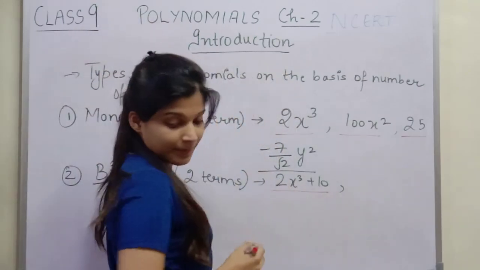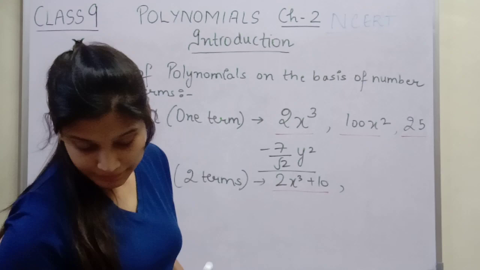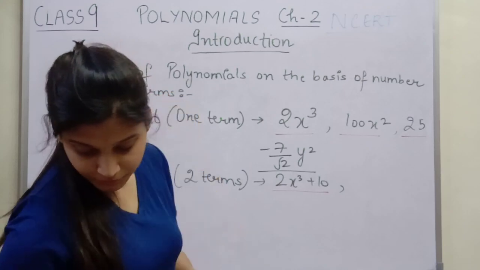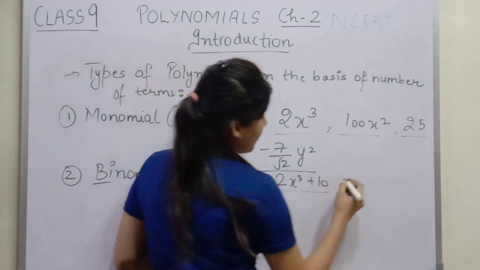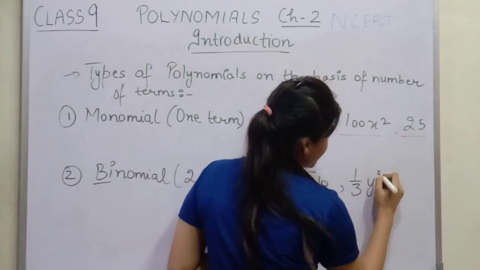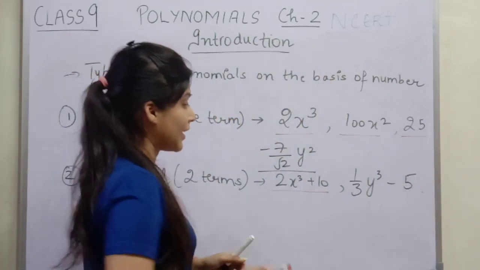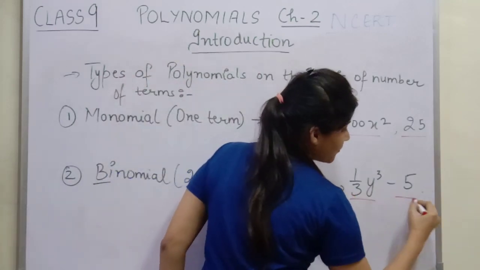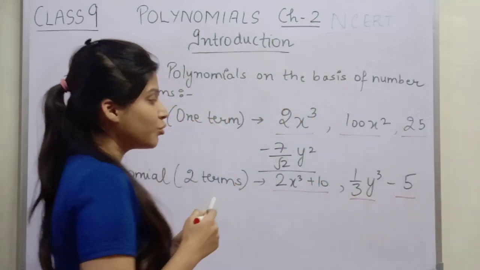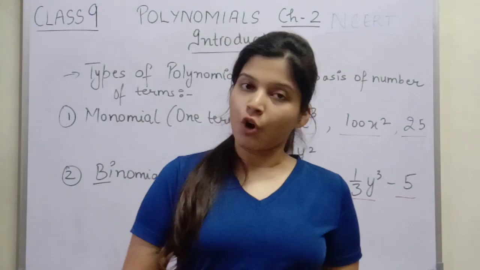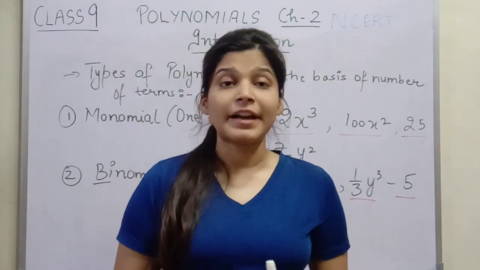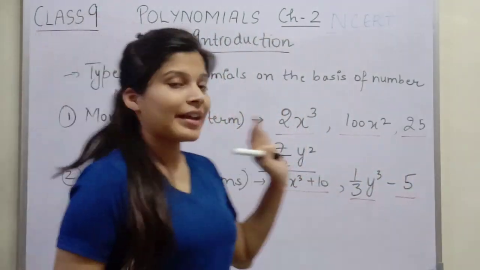Coming to the next one, 1 upon 3y cube minus 5. So this is also a binomial expression because again one term, two terms. So wherever two terms come, it will be a binomial expression. If we have one term, then it is a monomial expression.